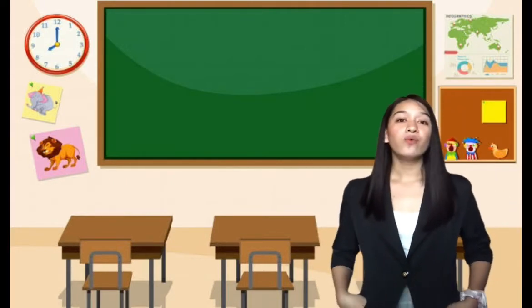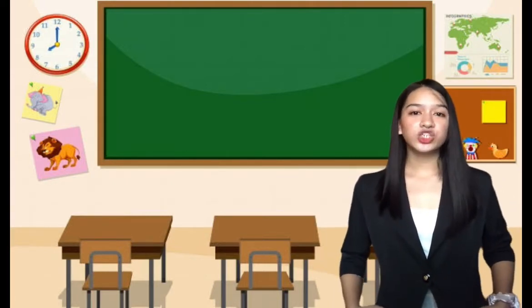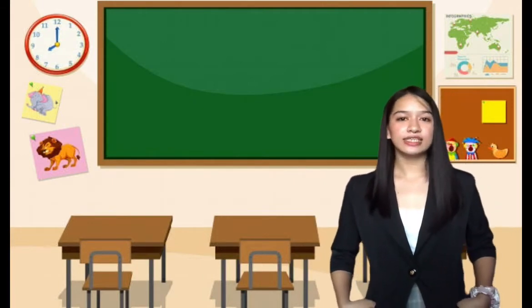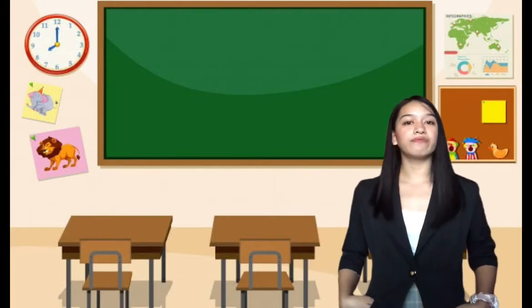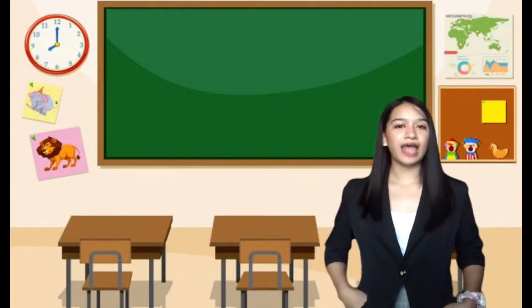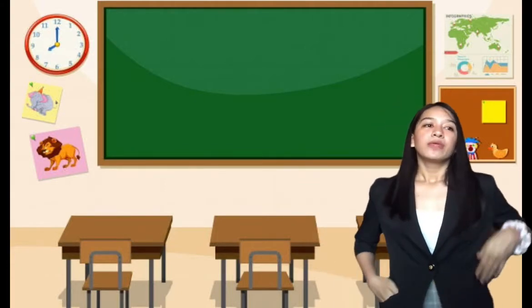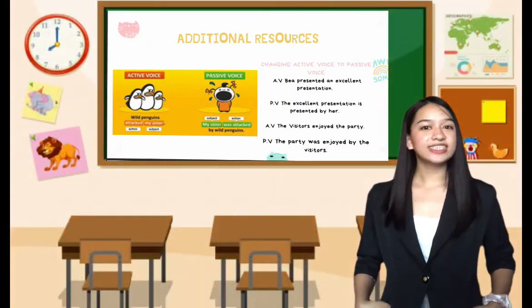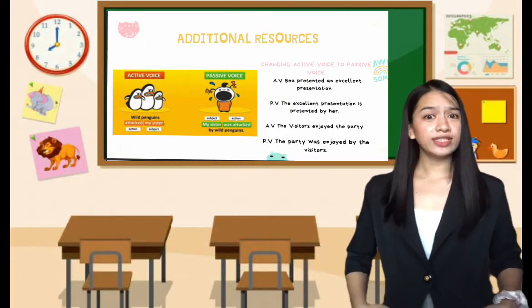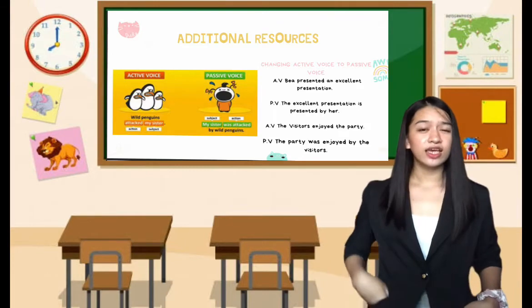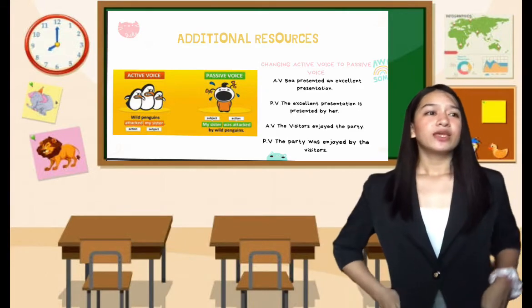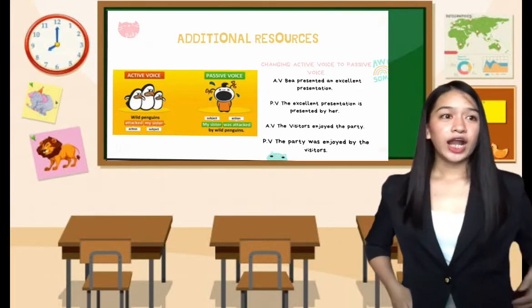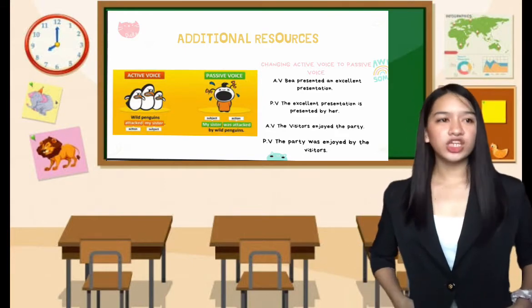We will exchange the sentence from an active to a passive voice. In our first sentence: Bia presented an excellent presentation. That is an active voice. So as you can see, the doer is the receiver of an action.